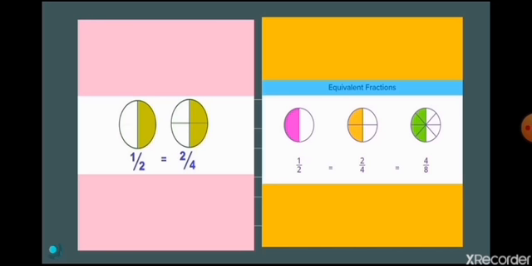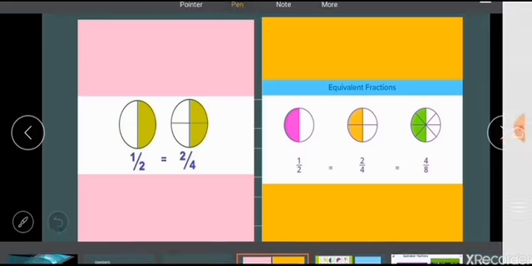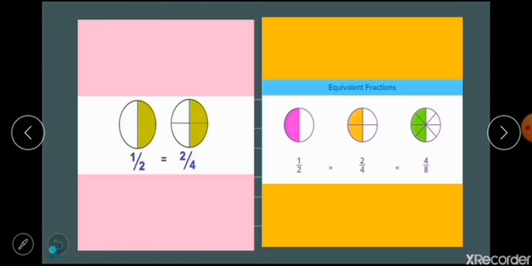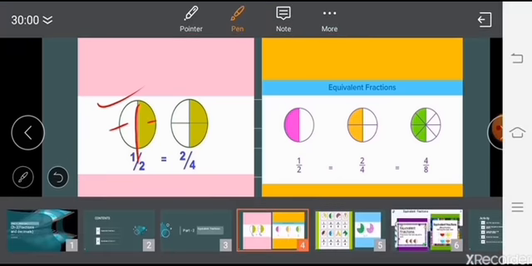Students, can you observe these pictures? What are the similarities between these pictures? Look at the picture first. In this picture, what am I doing? I draw a circle and then I divide this circle into two equal parts, 1 and 2.